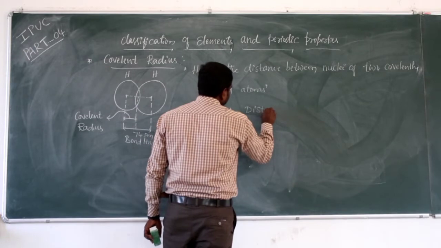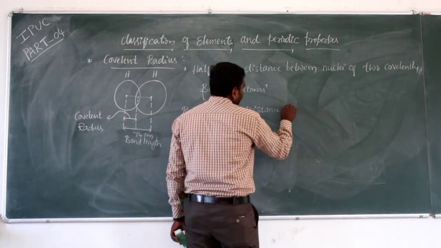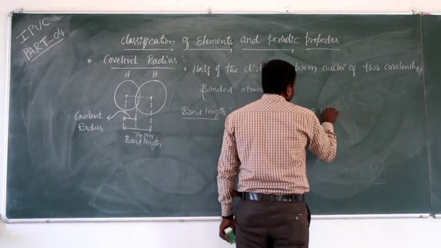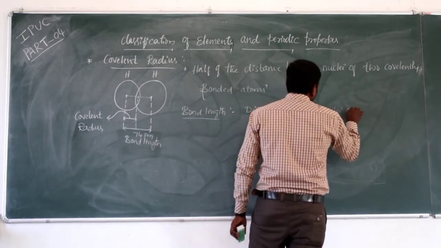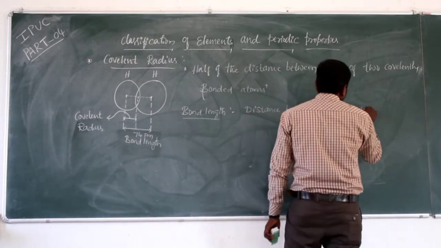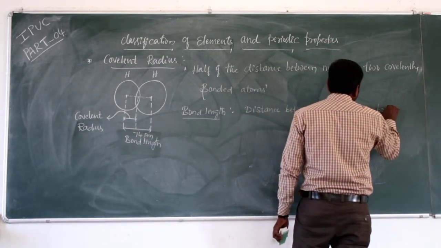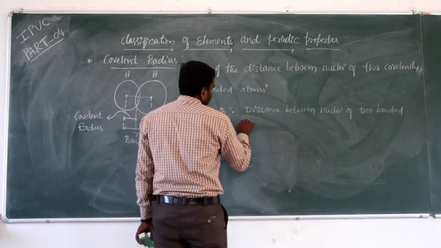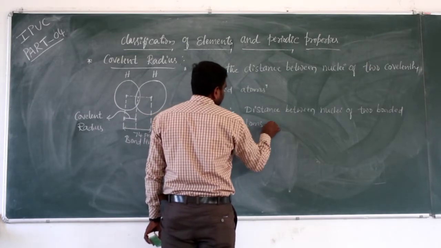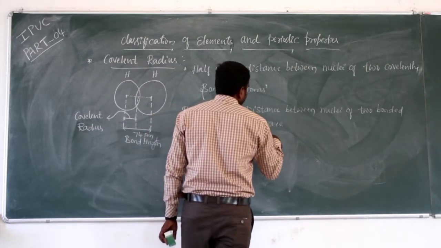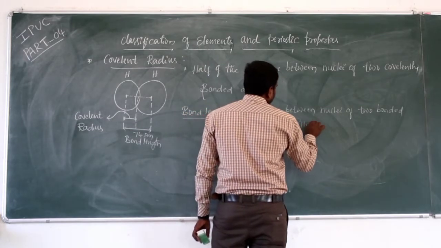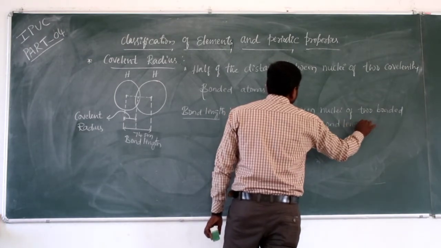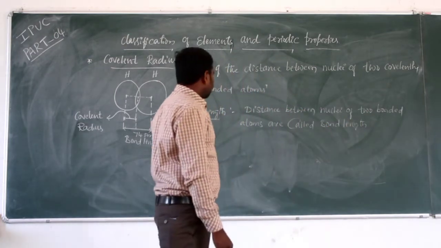The distance between the nuclei of two bonded atoms is called bond length. Right?